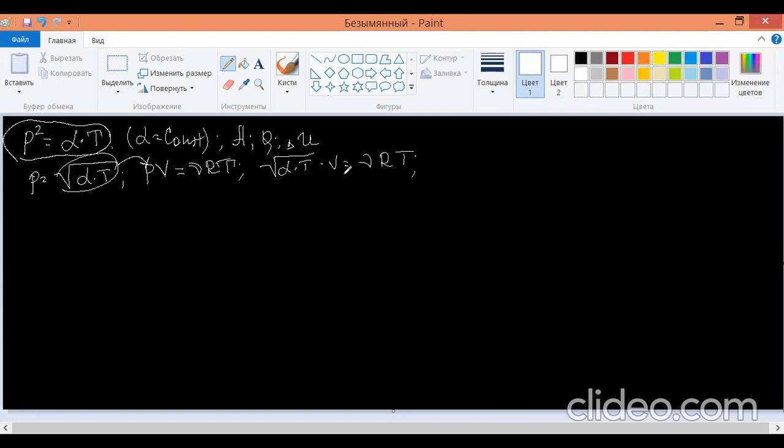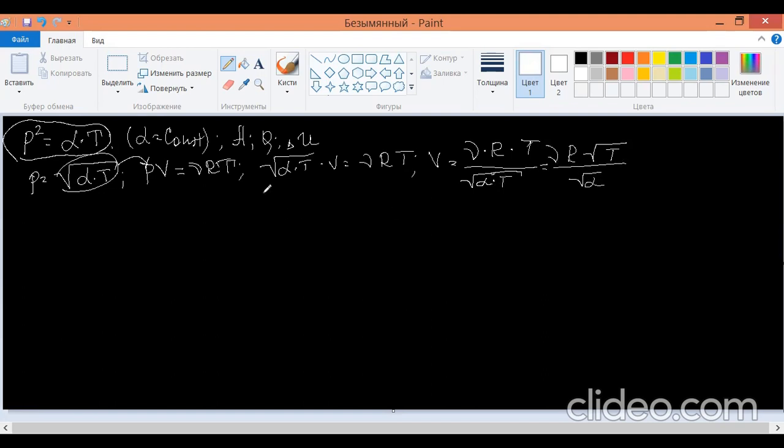And from this equation, V is equal to the number of moles times the gas constant R times T over the square root of alpha times T. We can reduce this fraction this way.